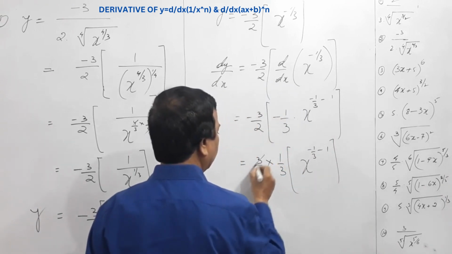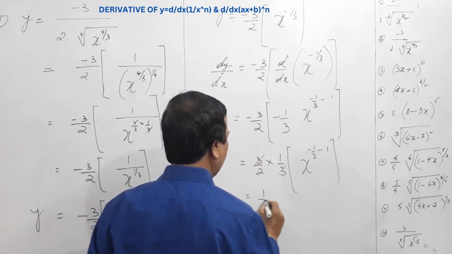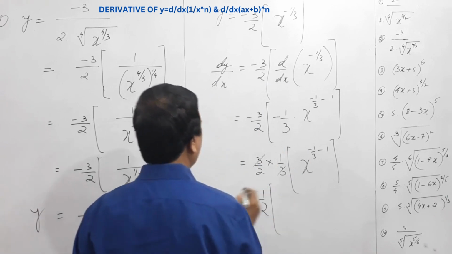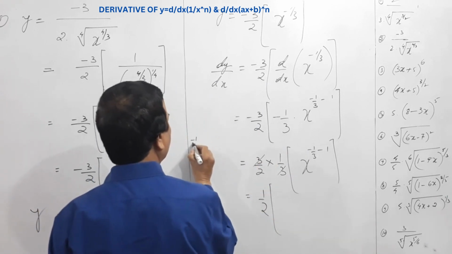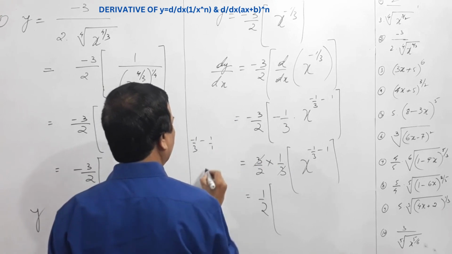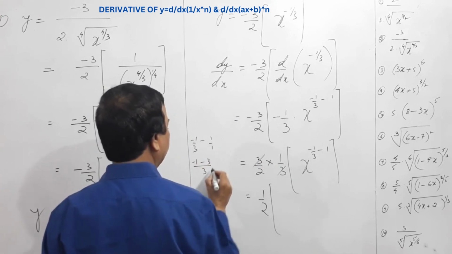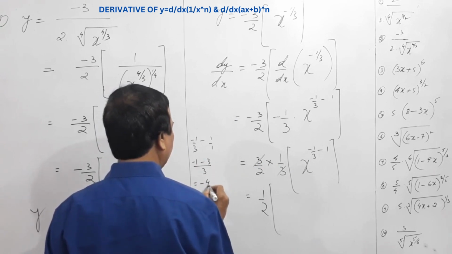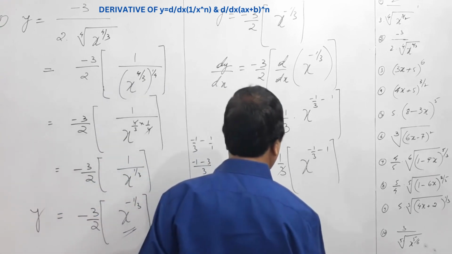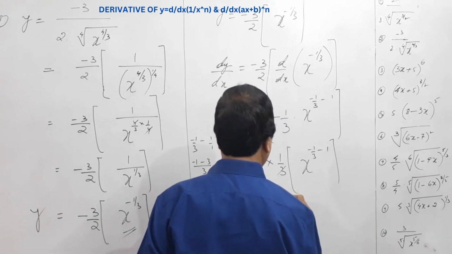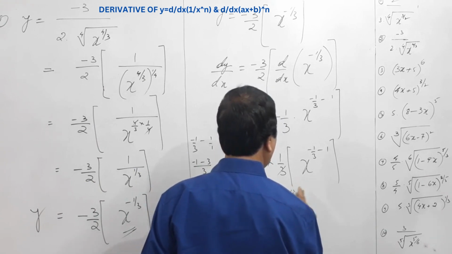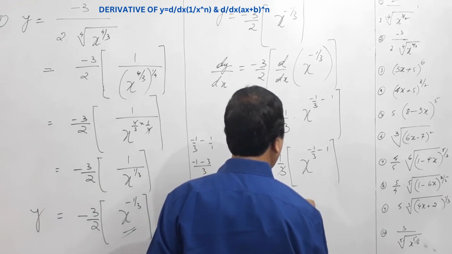So this 3 cancels, and this becomes 1 by 2. Now minus 1 by 3 minus 1: 3 is the LCM, 1 times 3 times minus 1. So this becomes what? Minus 4 by 3. This is x to the power of minus 4 by 3.